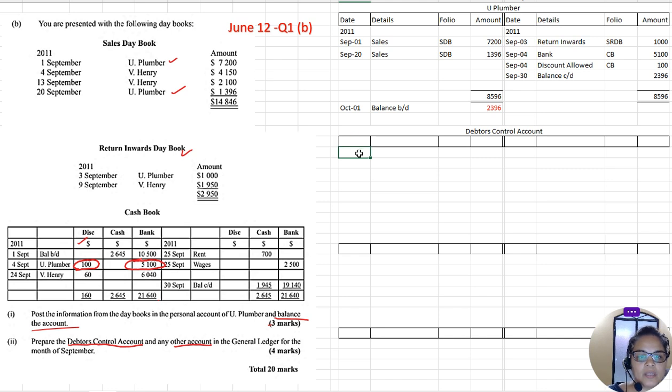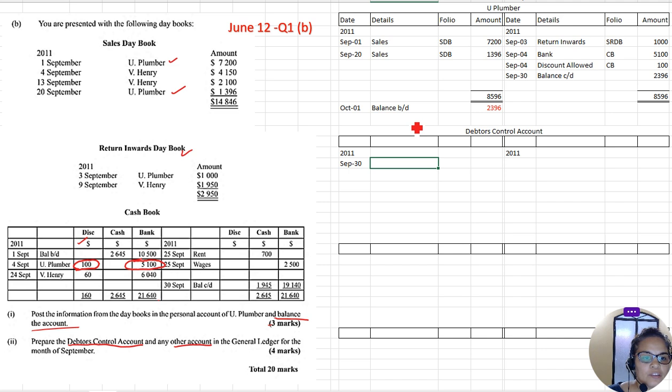Once again, we are working in the year 2011. So I'll put the year 2011 at the top, right? And where do you get your total credit sales from? So September the 30th, the last day of the month, you're going to take your total credit sales from your sales day book.